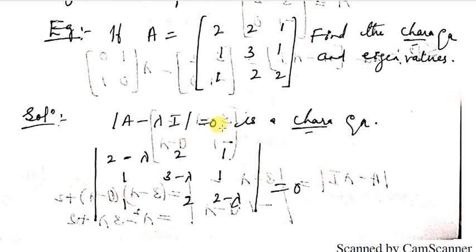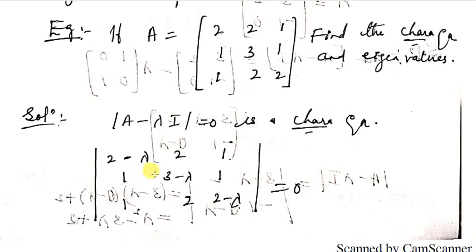Okay, once again, A minus lambda I is the characteristic matrix. Determinant of A minus lambda I gives the characteristic polynomial. If that polynomial is equated to 0, it gives the characteristic equation. So let us consider the characteristic equation and find the eigenvalues.